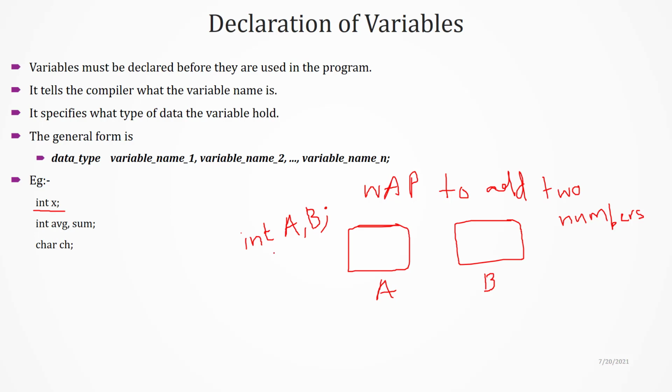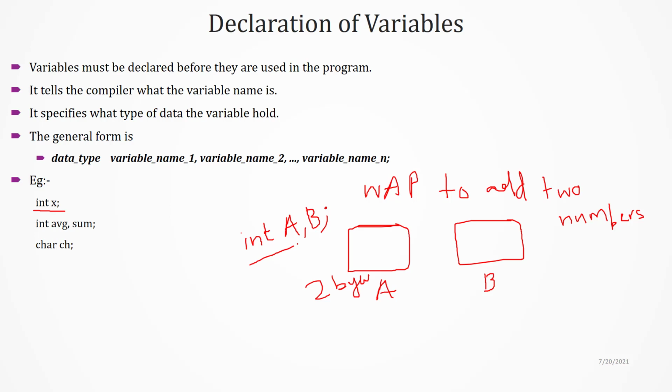When this statement is executed, in memory some space for A is allocated. Based on the table, it is 2 bytes. Similarly, some space will be allocated for B. It is also 2 bytes.